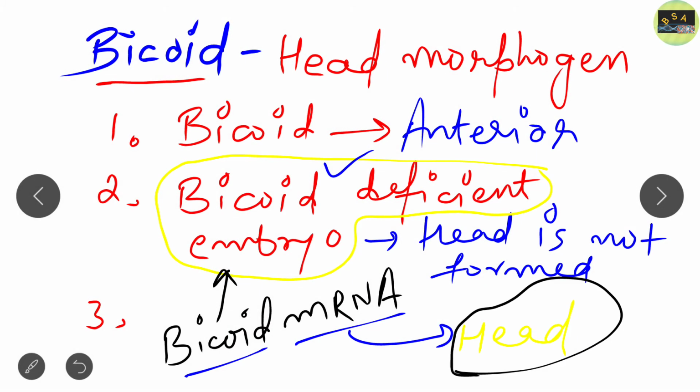So note down this point. These are three important points regarding bicoid. Clear? Take a screenshot or note it down.